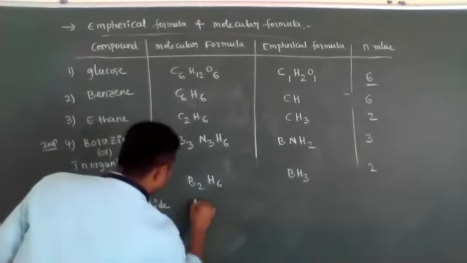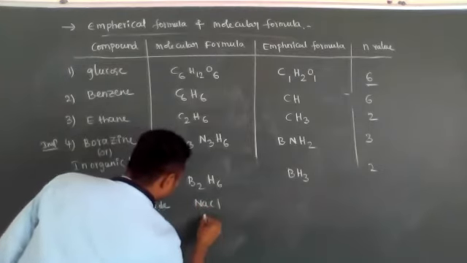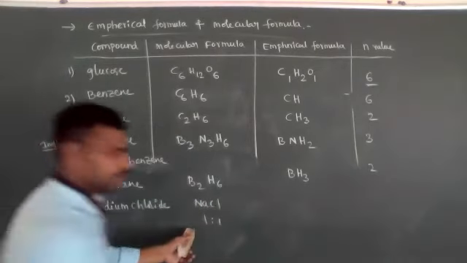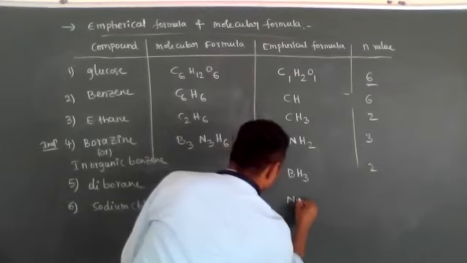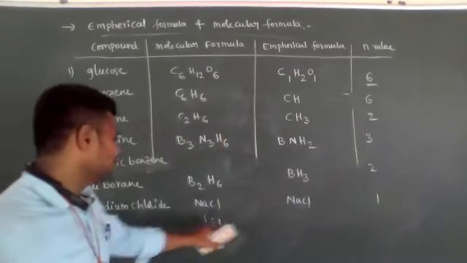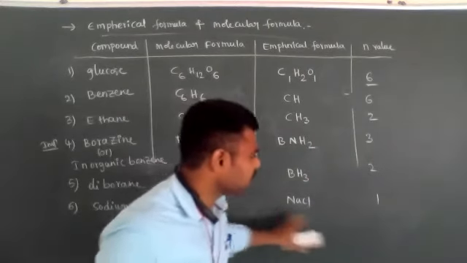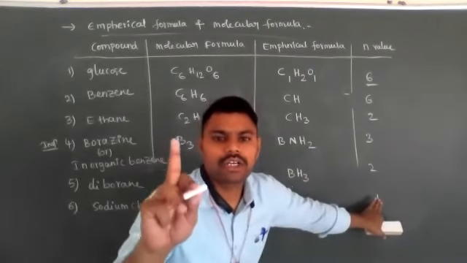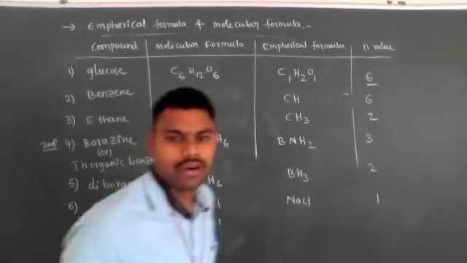The sodium chloride formula is NaCl. This ratio is 1:1 only. So the empirical formula is also the same. If the empirical formula and molecular formula are the same, then n is equal to 1.